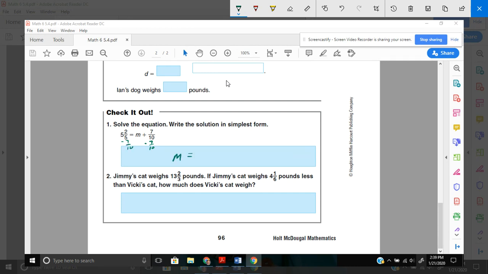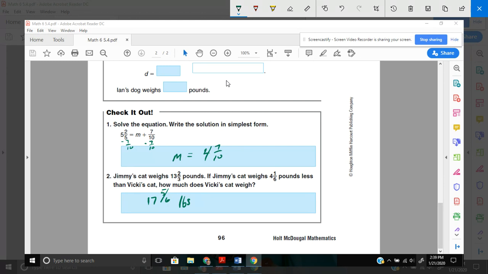So M should equal 4 7/10. Let me know if you need help on that. And then the next one, you should come up with 17 5/6 pounds. LBS is the abbreviation there.